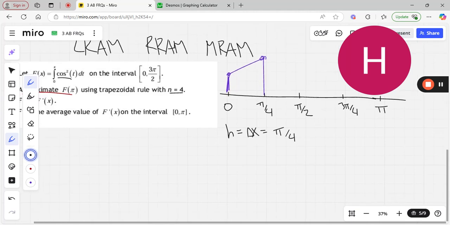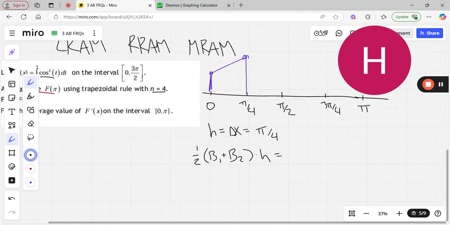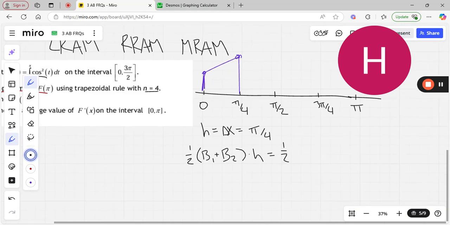And the formula for the area of a trapezoid is 1/2 base 1 plus base 2 times the height. So this is going to be 1/2 times f of 0 plus f of pi over 4, but then it's going to be times the height pi over 4.